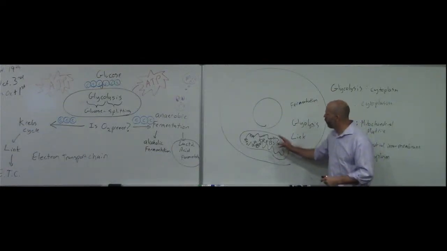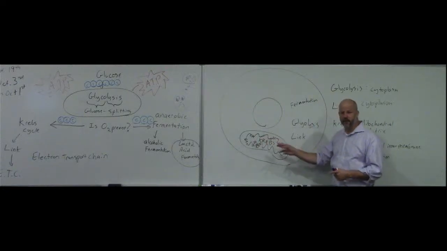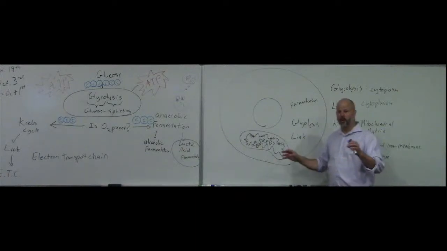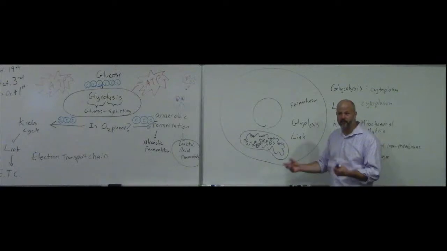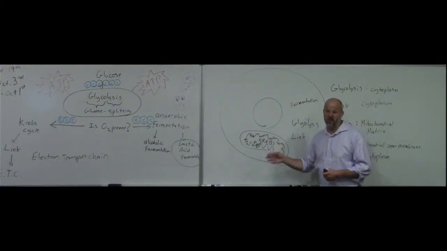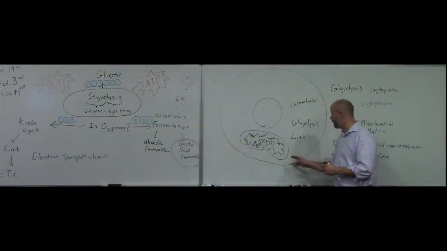So the form of the mitochondria fits its function. It's utilizing this double membrane. I know you haven't seen the details yet, but it utilizes double membrane and concentration gradients and diffusion to do this electron transport chain thing, which is where you get the bulk of your ATP in aerobic respiration.